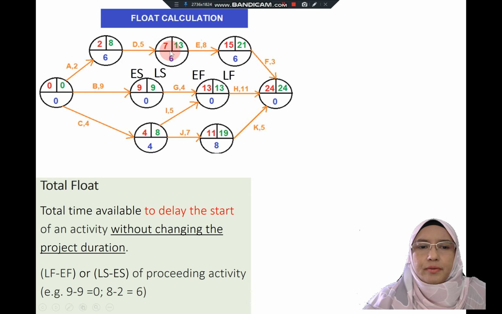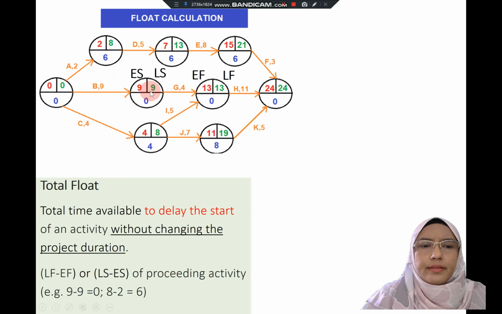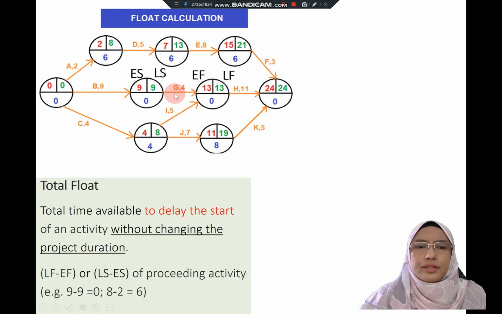For the finish time of activity D, you can see that activity D can complete at week 7, but must complete as late as week 13. So that is another 6 weeks of additional time for activity D. Okay, let's look at activity G. Activity G can start as early as week 9, but must start as late as week 9.